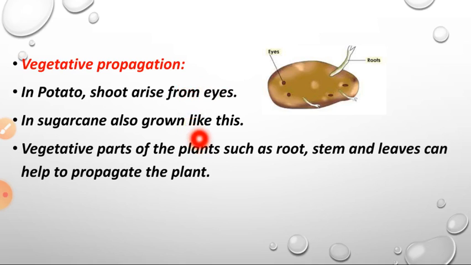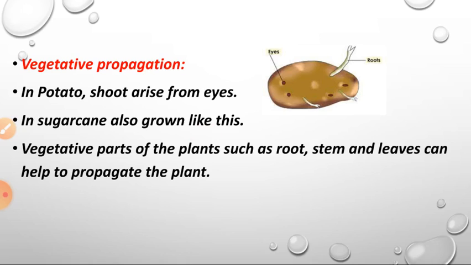What do you mean by vegetative parts? Root, stem, leaves. And what are the reproductive parts? Flowers, fruit, seeds. Flowers, fruit, seeds are the reproductive parts, and root, stem, leaves are the vegetative parts. The plants produced from the vegetative parts is known as vegetative propagation.